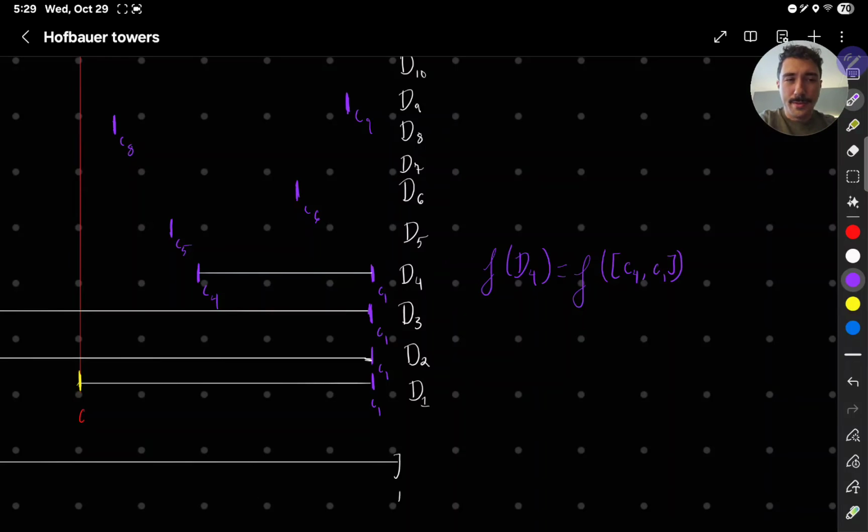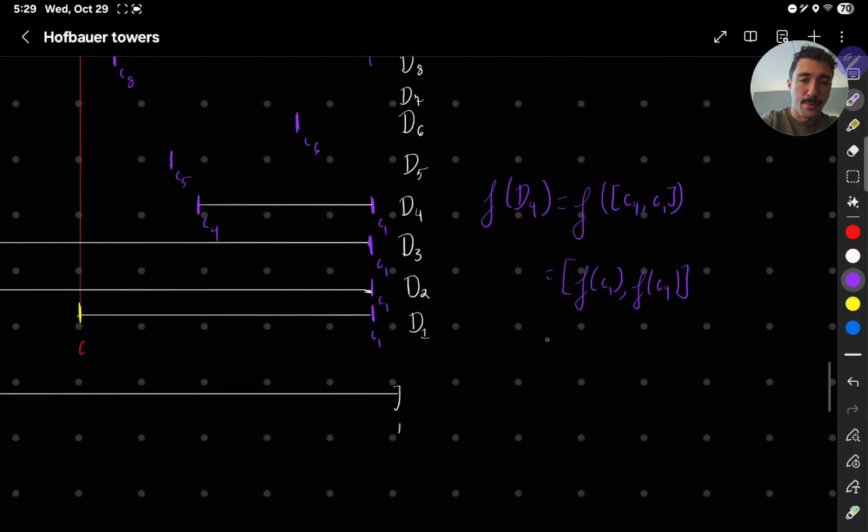But because F is monotone on this interval, we can just iterate the endpoints and get the new interval that is the image of the original one, C4 to C1. And because the map is decreasing on this right side of the critical point, I know that I'm going to have to flip the endpoints when I iterate them under F. So this should be equal to the closed interval from F of C1 to F of C4. But we know what those points are. Those are C2 and C5.